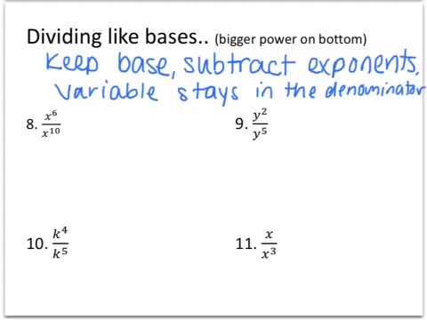So for example, number 8, x to the 6th divided by x to the 10th, your bigger number is in the denominator, your bigger variable. So you still just subtract them, 10 minus 6, but we have 1 over x to the 4th. So you still subtract them, but wherever the bigger exponent is where the variable stays.